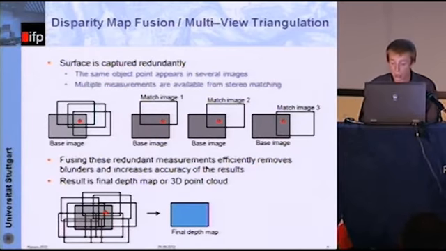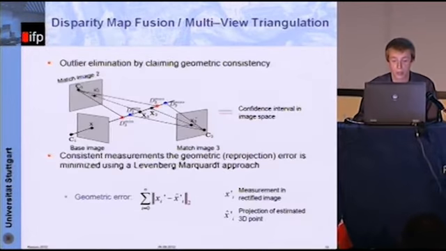So we fuse them in the end, and this has the benefit that outliers are efficiently removed, and also the accuracy is increased. This fusion step results in your final depth map or your 3D point cloud.